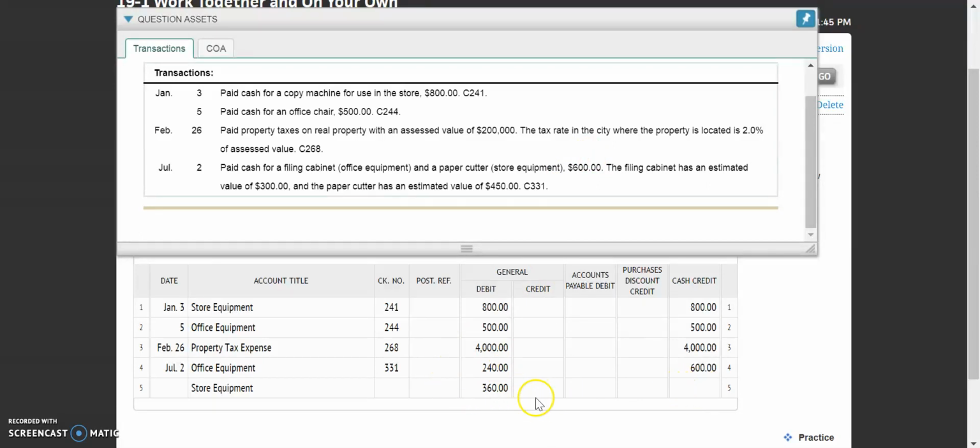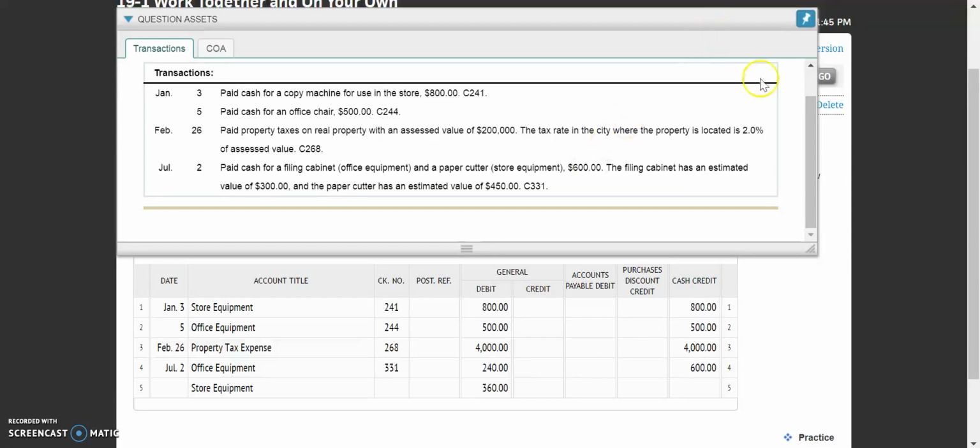So that's the whole process that we have to do in order to be able to allocate between that $600, because it's estimated that the file cabinet is worth $300 and the paper cutter is worth $450, but we know that that equals $750, and that's not what we paid for it. So we have to do that allocation in order to properly allocate a purchase price so that we can eventually do depreciation on these assets.